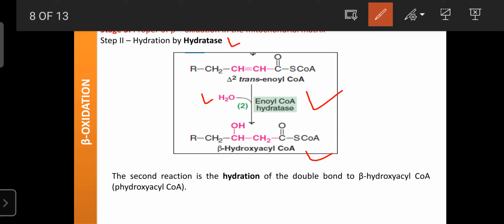This hydratase enzyme acts on the trans-enoyl CoA and produces beta hydroxy acyl CoA. This is the second reaction of the proper beta oxidation.